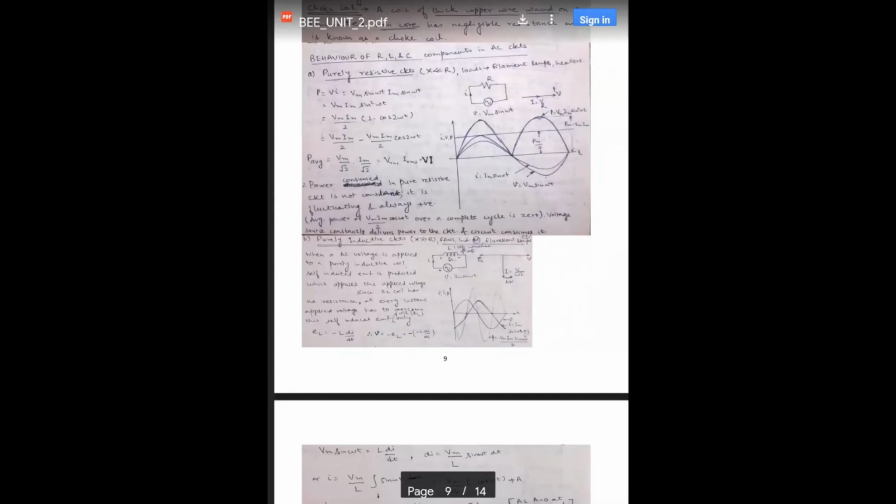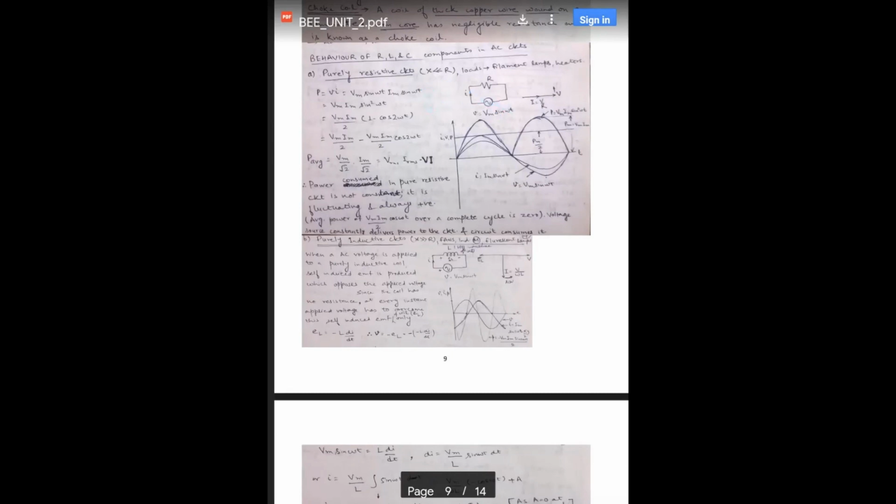You can denote that the current flowing in the circuit is I, absolutely fine, no problem with that. But then you should denote the source voltage by V, the RMS value of the voltage. Okay, so V should be in capital here.